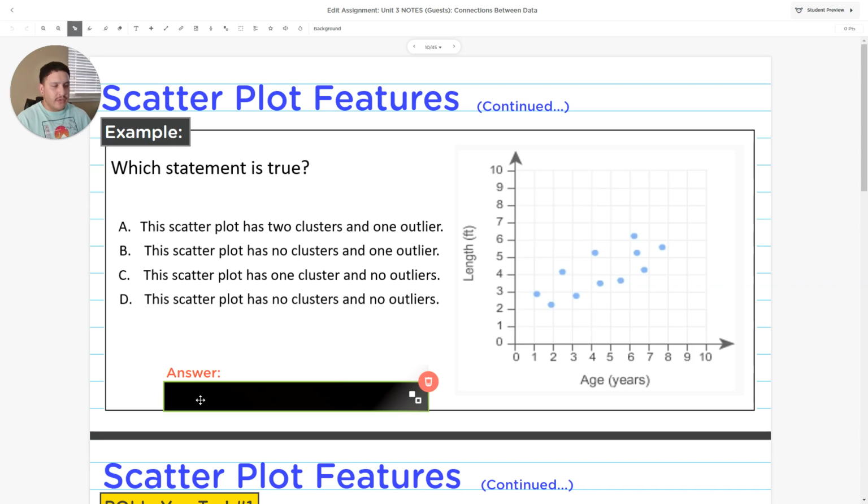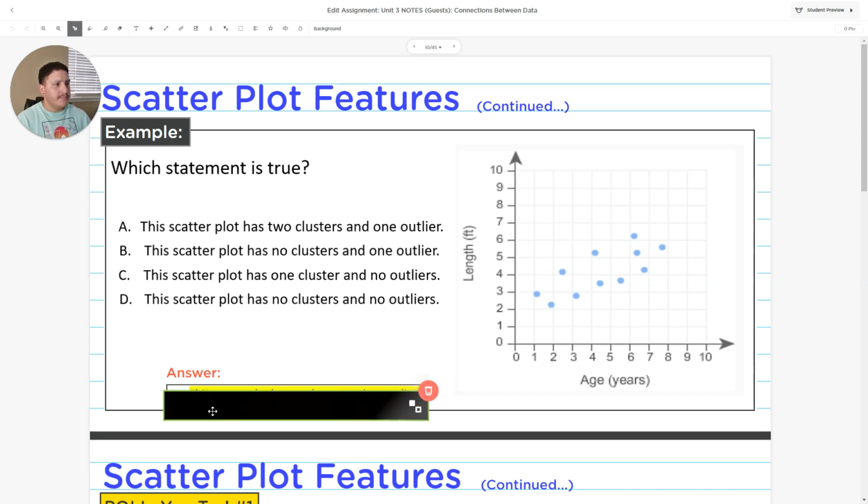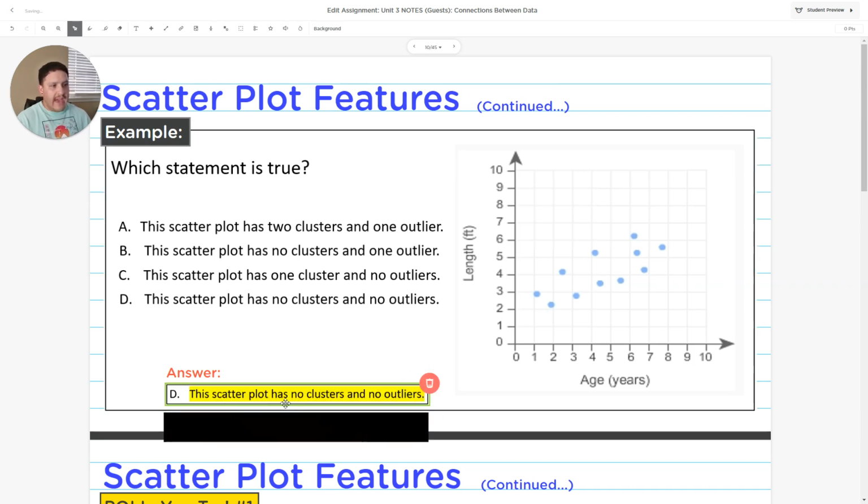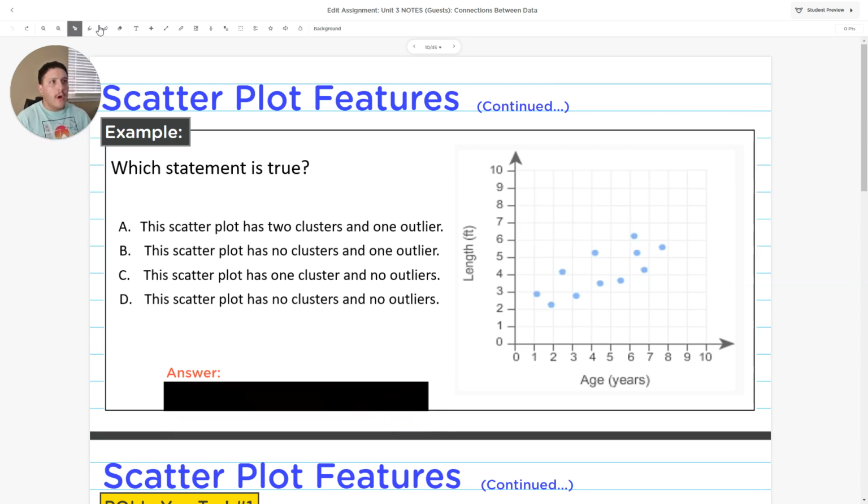Okay, and the answer is D. This scatterplot has no clusters and no outliers. Y'all may think that this is a cluster, but it has to be close together compared to the rest of the data.